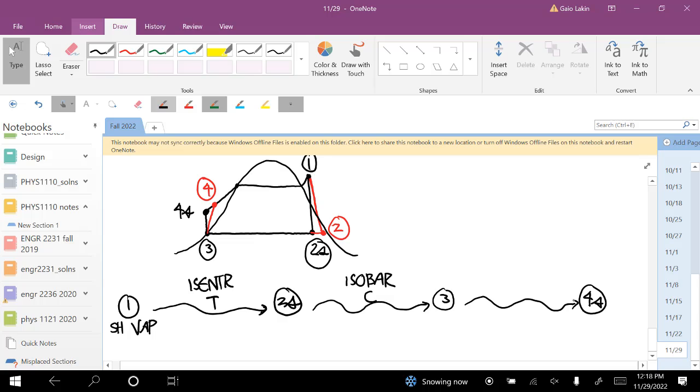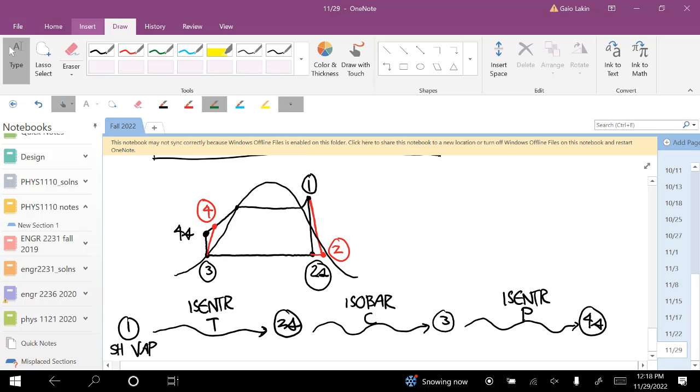Then from 3 to 4s, we have an isentropic pump. And so we're going to do this problem to start with as if we're just going to come up with all the enthalpies as if it was just the black path, and then we'll use the isentropic efficiencies to make the adjustments.